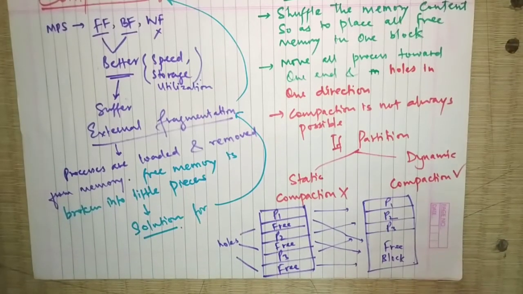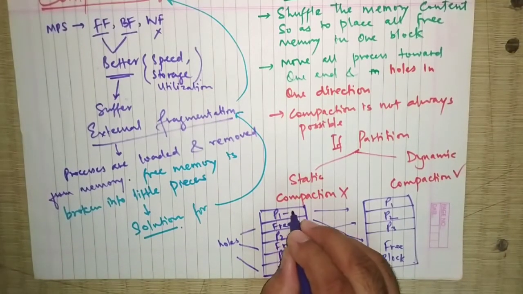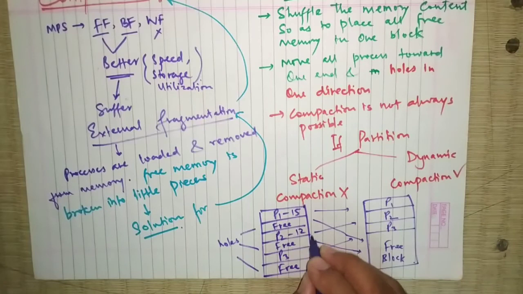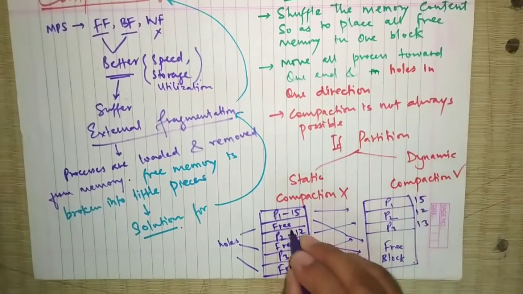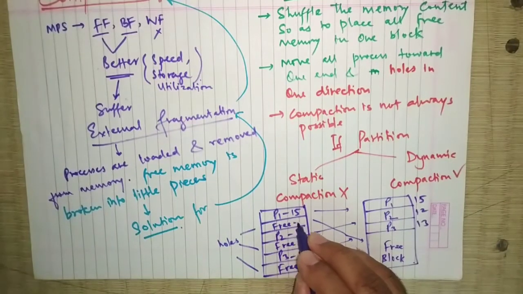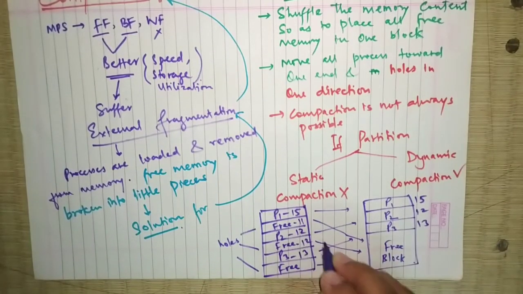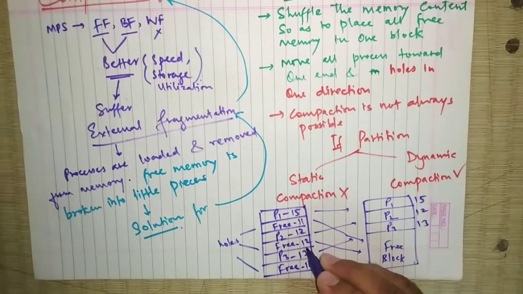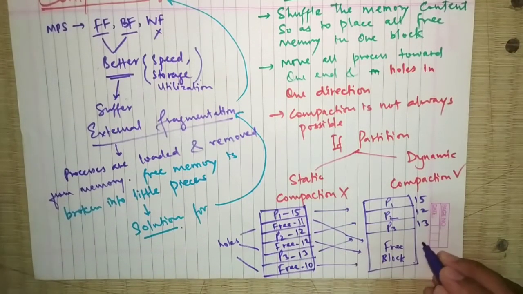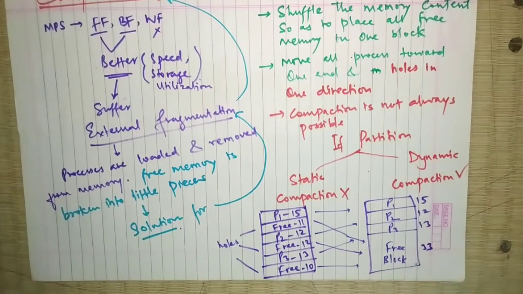The process sizes were 15, 12, and 13, and the holes were 11, 12, and 10, so 33K of free memory is now available as one large block. This is compaction. Thank you so much.